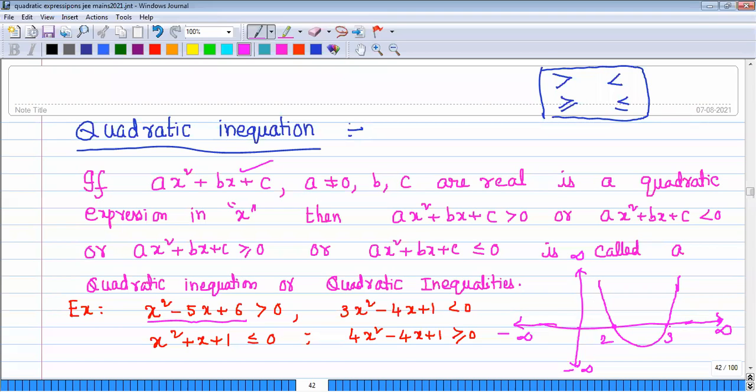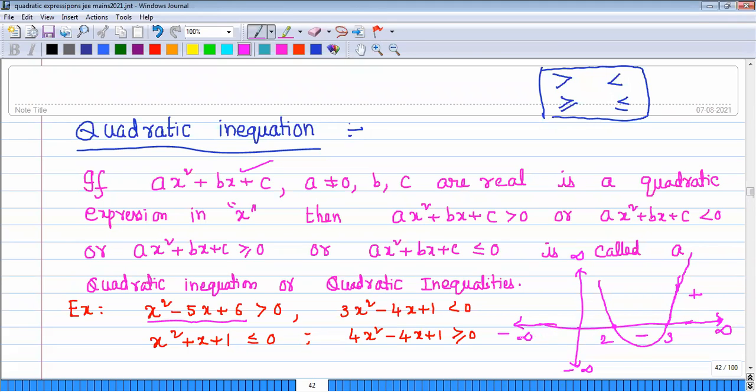Now check. If you take any value from 3 to infinity, the graph always increases like this, so it gets all the positive values. From 2 to 3, the values lie below the x-axis, that means negative.